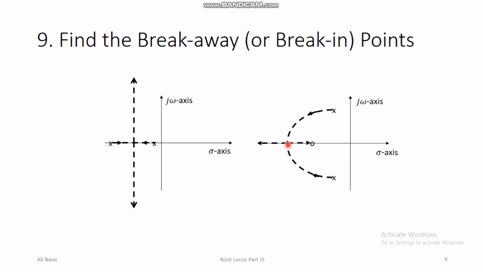And when both poles converge to the real axis, they will break in. Break in means they break into the real axis. So when this pole reaches the point at the same gain, this pole also reaches the same point, and one of the poles will go this way and the other pole will go this way. This is called break in. So rule number 9 will tell us how to calculate the break-in point.